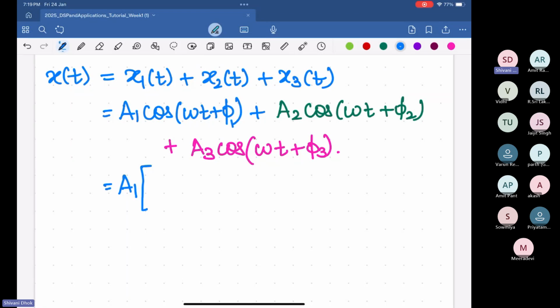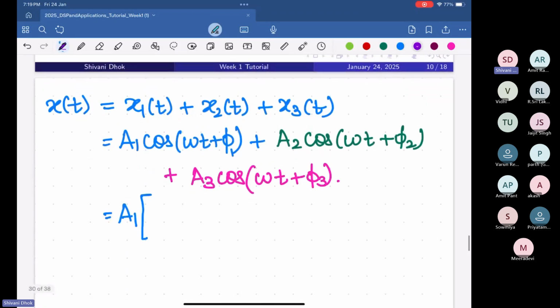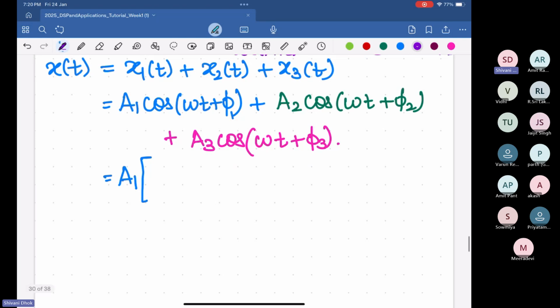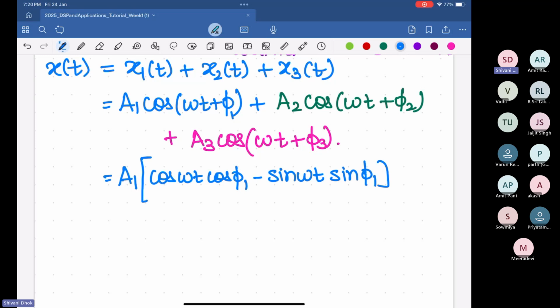So what we are using is cos of a plus b as cos a cos b minus sin a sin b. Okay, so using that, this first term comes out to be cos of omega t cos of phi 1 minus sin of omega t sin of phi 1.